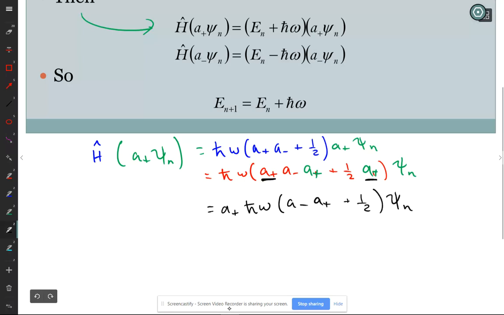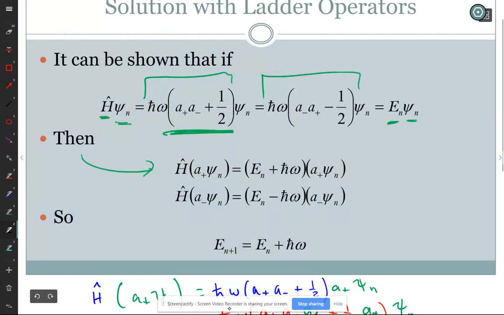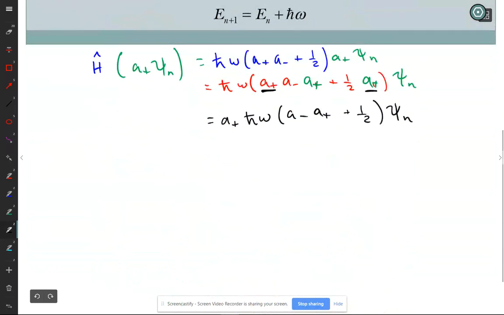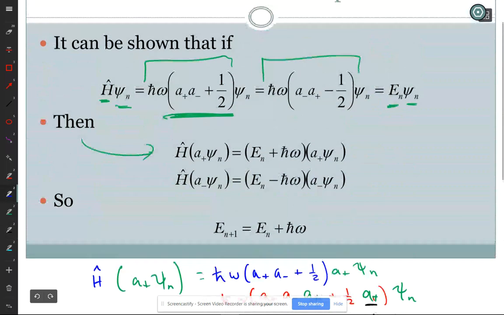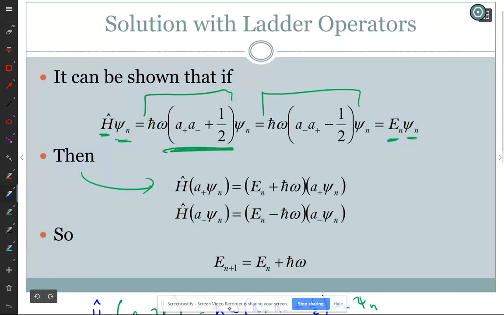And so if we look at what we have up here, a minus a plus minus 1/2 is equal to H over h bar omega, so that means a minus a plus is equal to H over h bar omega, oh, is that wrong?